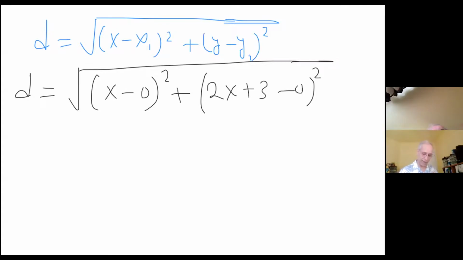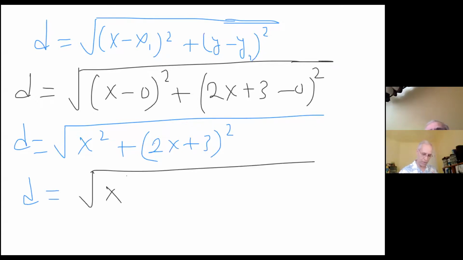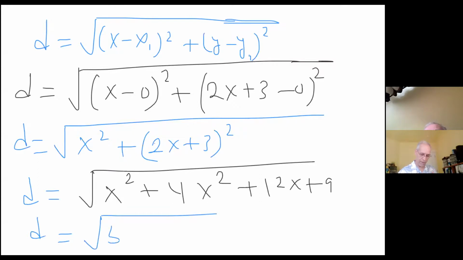Now let's simplify that. So d equals the square root of x squared plus 2x plus 3, quantity squared. So d equals the square root of x squared plus 4x squared plus 12x plus 9, and finally d equals the square root of 5x squared plus 12x plus 9.